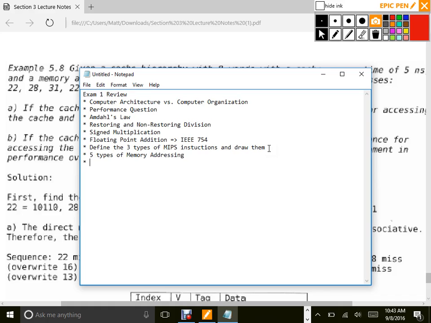What other things did we cover today? I'm sorry, one thing I think is principles of locality. Right? So specifically, you talk about cache, like direct versus set associativity.